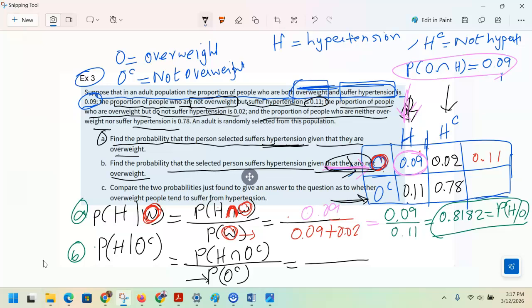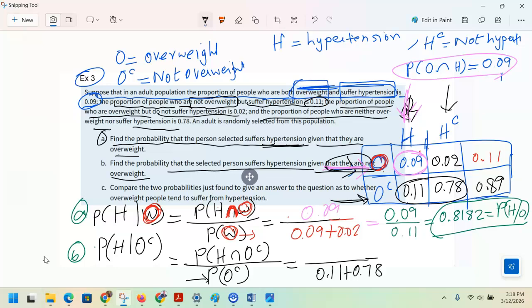We have to add these two pieces, 0.11 plus 0.78, which adds up to 0.89.